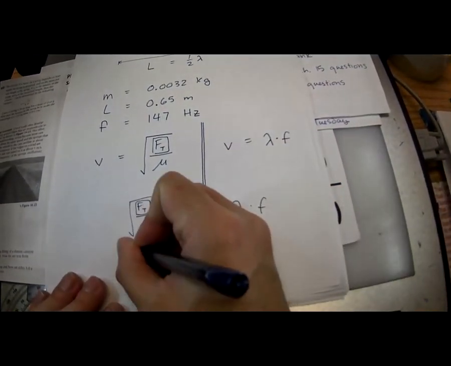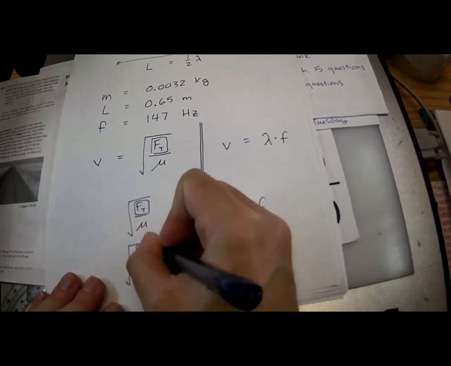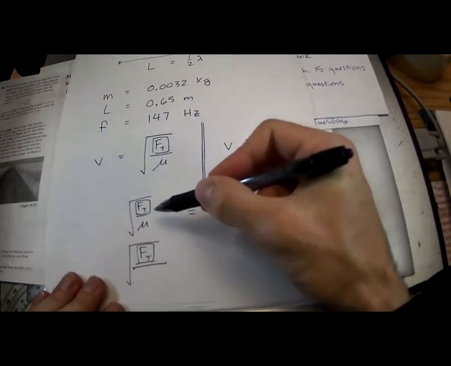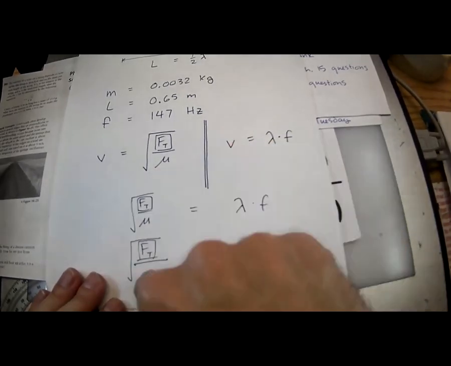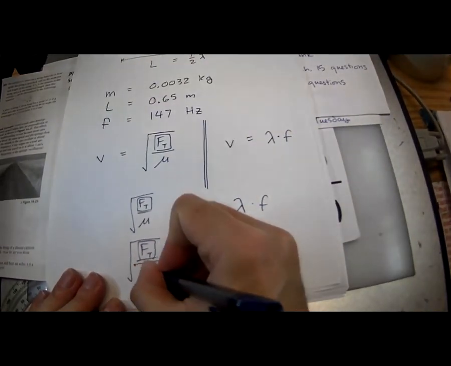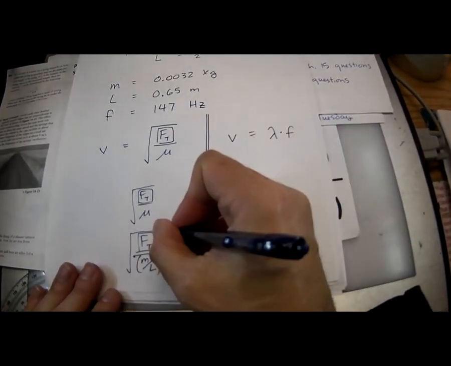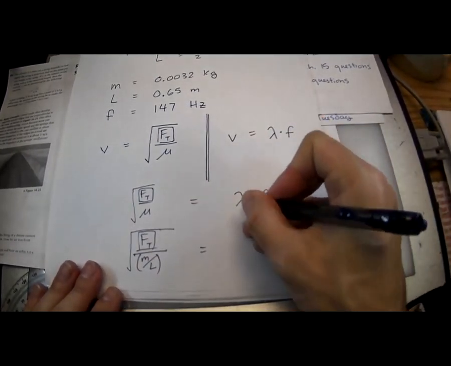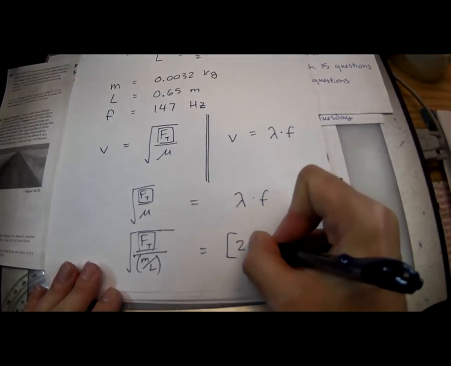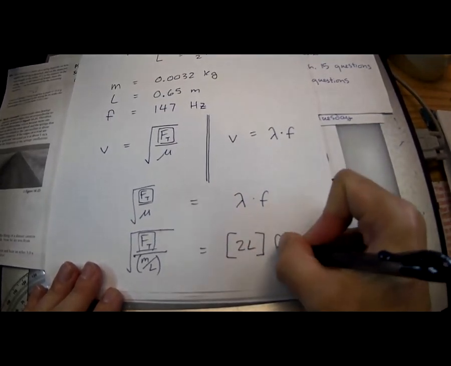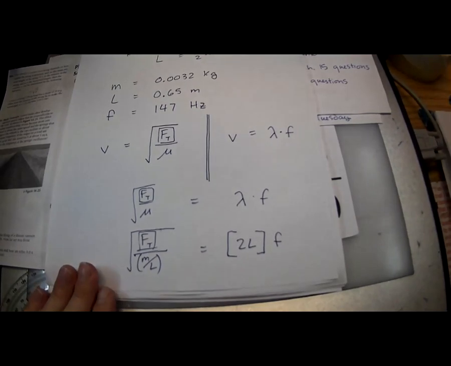So we've got the square root of tension force divided by linear mass density. Actually, while I'm doing substitutions, I'll go ahead and replace linear mass density with mass per length, just as a fraction right there, a fraction within a fraction inside a square root. Is equal to, instead of lambda, I'm going to have 2L because twice the length of string would be the wavelength. Okay.